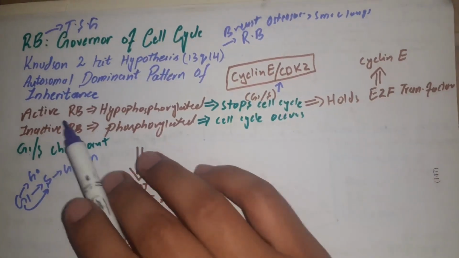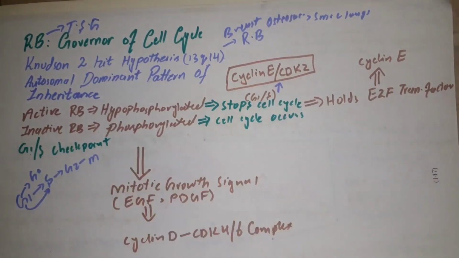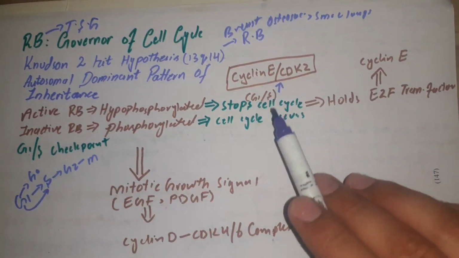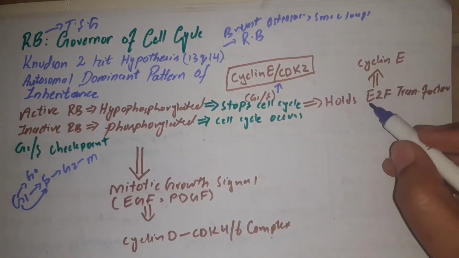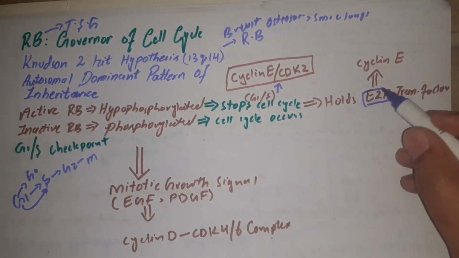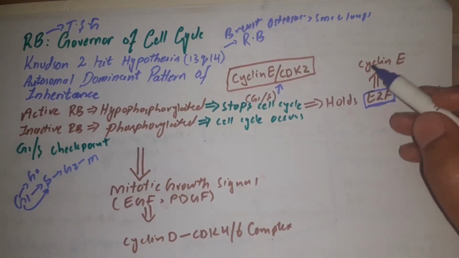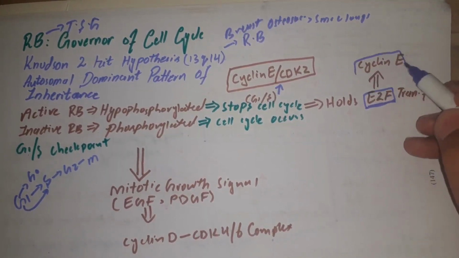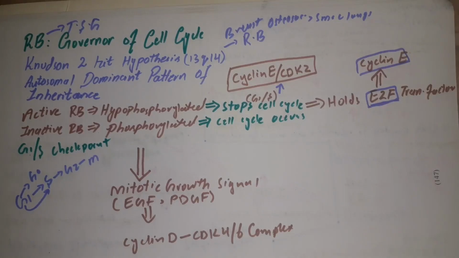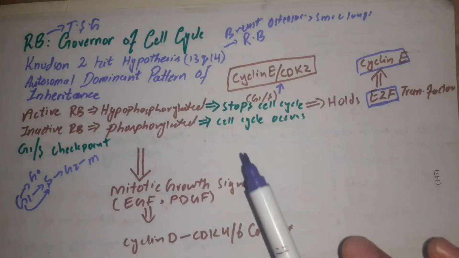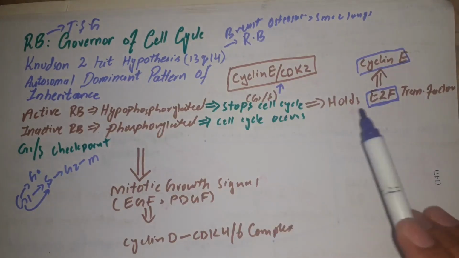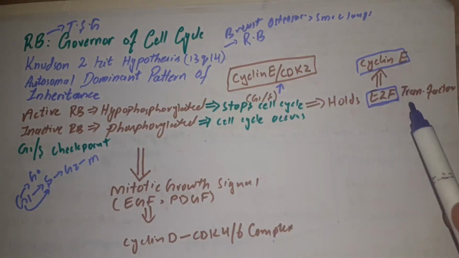When retinoblastoma is hypophosphorylated and active, it stops G1S transition by holding the E2F family of transcription factors. These are the specific transcription factors which lead to the translation and production of cyclin E proteins. Okay, so activated retinoblastoma stops G1S transition by holding the E2F family of transcription factors.